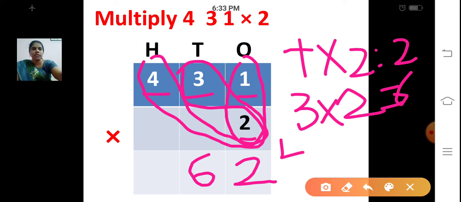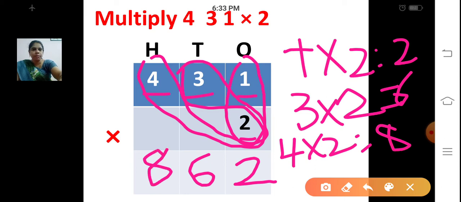Now 4 into 2. 4 twos are 8. Write it below the hundreds place. What is the meaning? 400 into 2. This is in the hundreds place, right? So we write the answer in the hundreds place. So what is the answer? 862. So you know how to multiply by the vertical method, right?